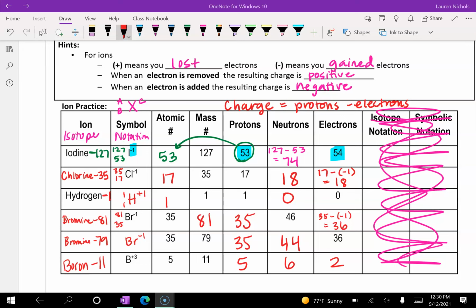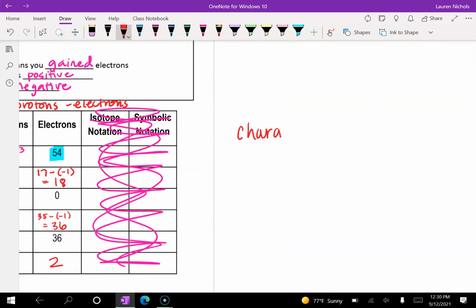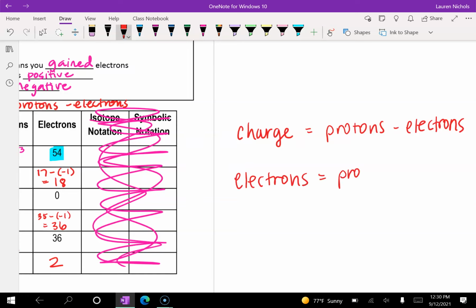One thing I would like to remind you of is if you're struggling with your charge and your electrons, remember that your charge is always equal to your protons minus your electrons, which is why when your protons and electrons are equal, you have a neutral charge or a charge of 0. If you're trying to figure out your number of electrons, though, it's going to be your protons minus the charge.